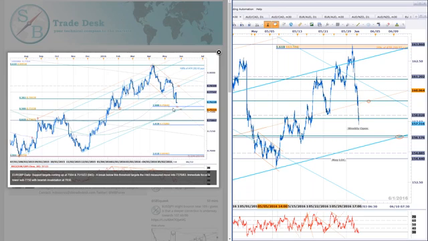The major levels of support, we were looking for 75.65, which constituted an exact two equal legs down, confluence with channel support. And the more important region, 75.22 into 75.20 or 75.19, I think it was.